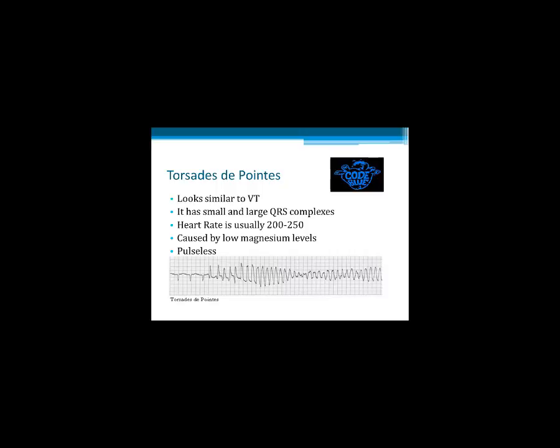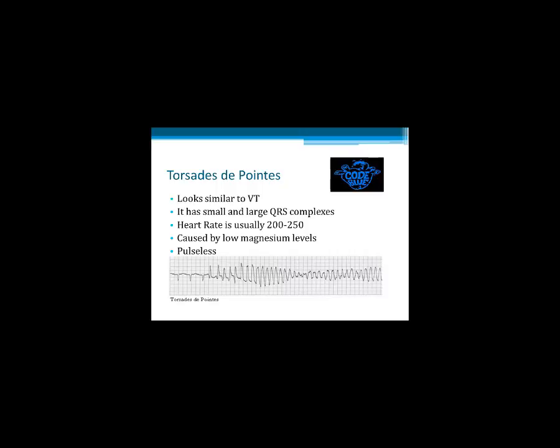And very frequently it's as a result of a low magnesium level. So as you can imagine, one of the main treatments for torsade is going to be giving them magnesium sulfate. Anything that we can do to correct the rhythm. As far as ACLS goes, we can cardiovert this rhythm, but it'll usually recur.